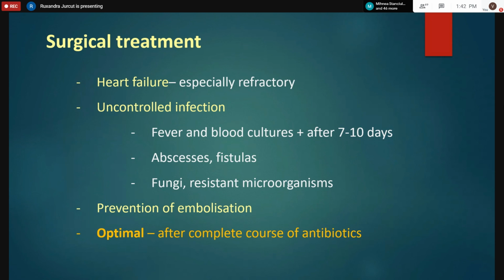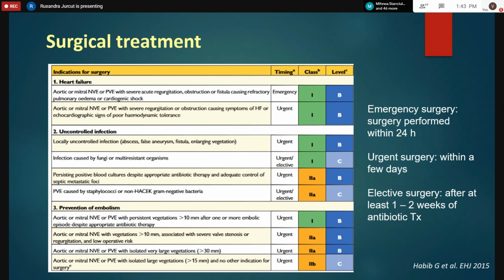But sometimes it's not possible because, as I said, there might be a need for emergency surgery within 24 hours or urgent surgery within a few days. And this is mainly, as you see here in the table, dictated by, for example, heart failure due to severe regurgitation, due to obstruction of the valve, the presence of abscesses, which is a sign of local uncontrolled infection.